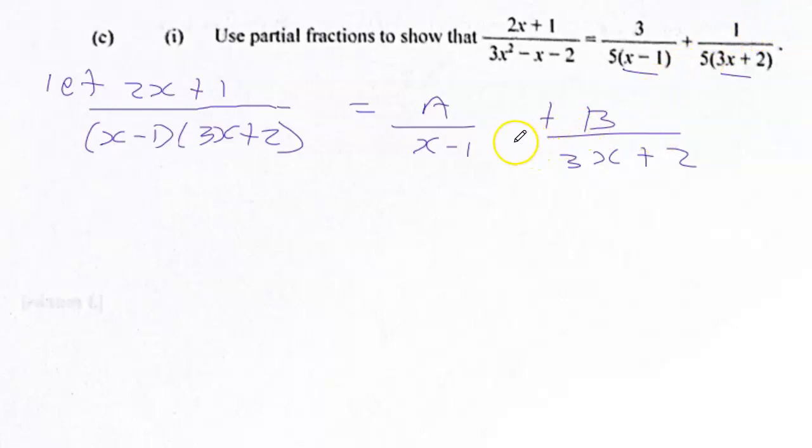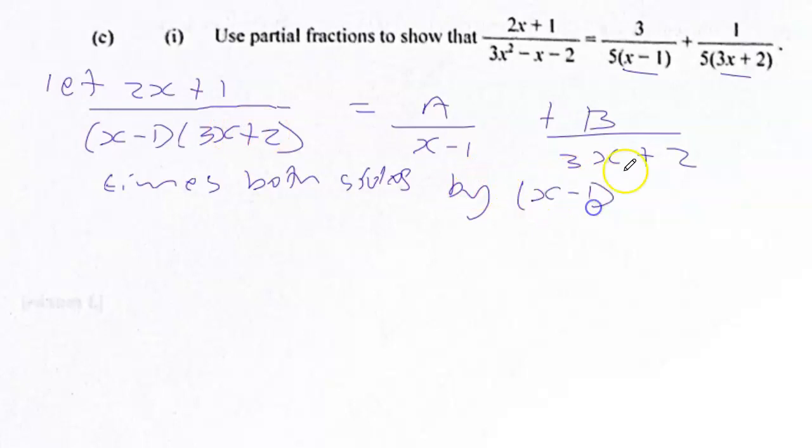Alright, so what we can do next is times both sides by x minus 1, 3x plus 2, the denominator.